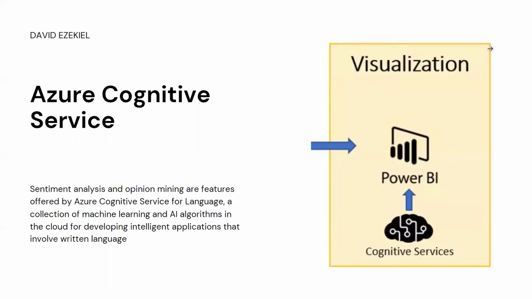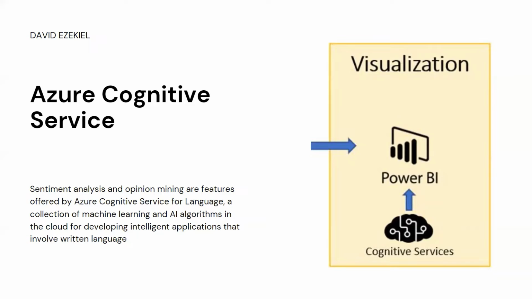In Azure, you are able to use Azure Cognitive Services, which offer analyze opinions and features for language: a collection of machine learning and AI algorithms in the cloud for developing intelligent applications that involve written language. So in Azure, you're able to go about cognitive analytics.